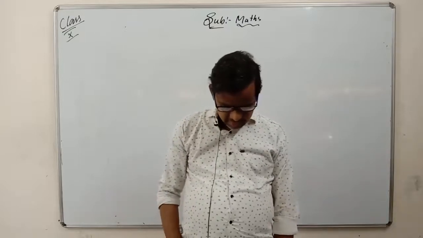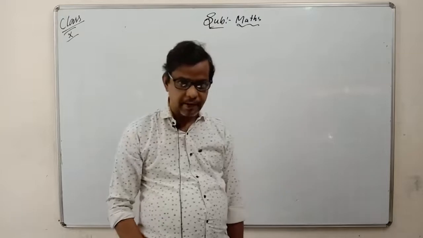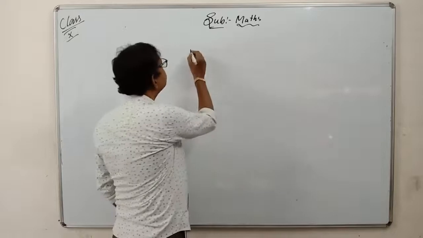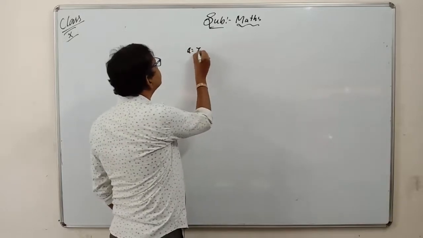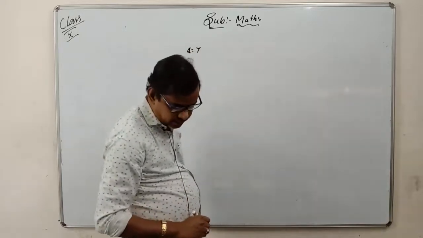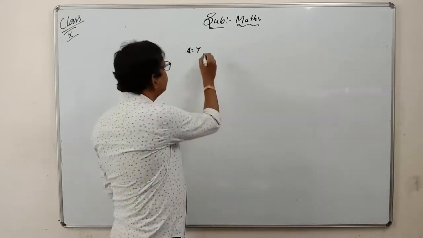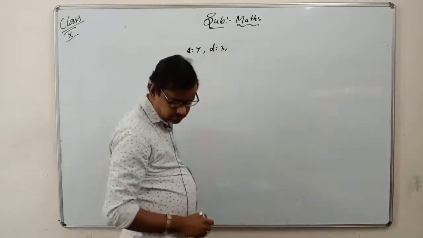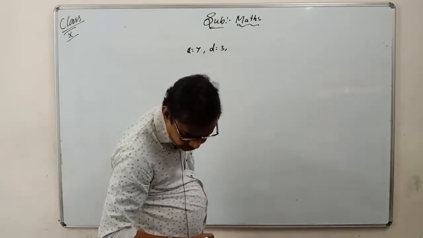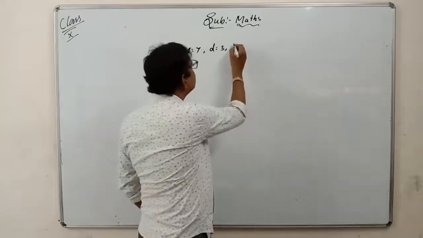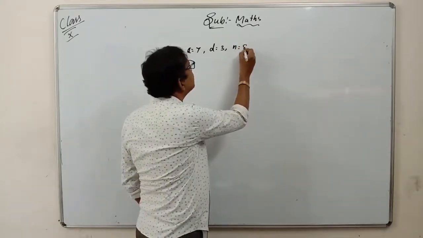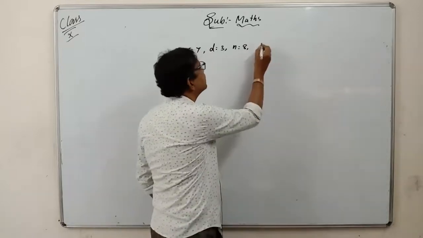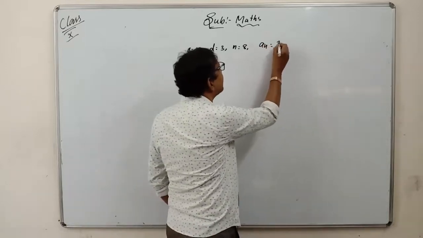In the first row he has given A equals 7, D equals 3, and N equals 8, and you have to find An equals how much.